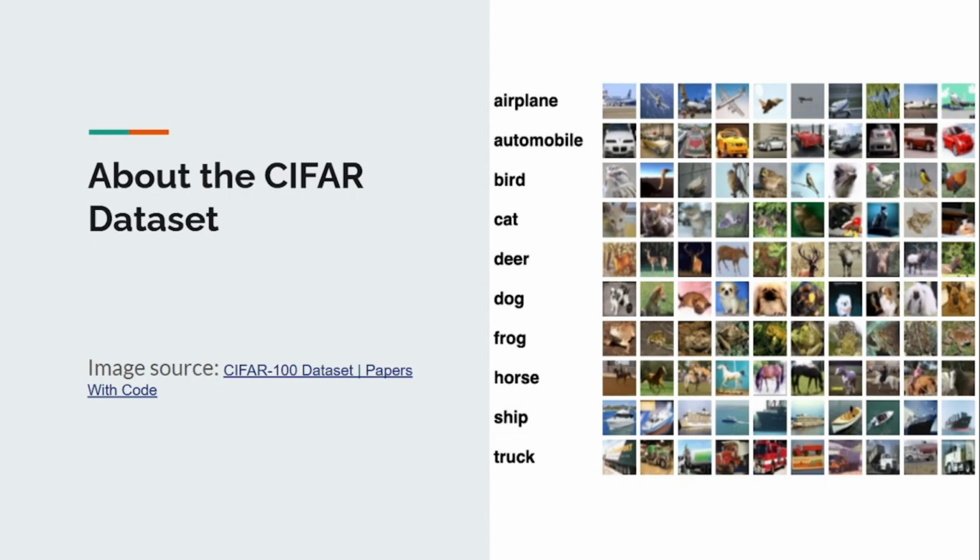Out of the total dataset, 50,000 images are allocated for training, while 10,000 are reserved for testing. The dataset is further split into 5 training subsets and 1 test subset, each containing 10,000 images.